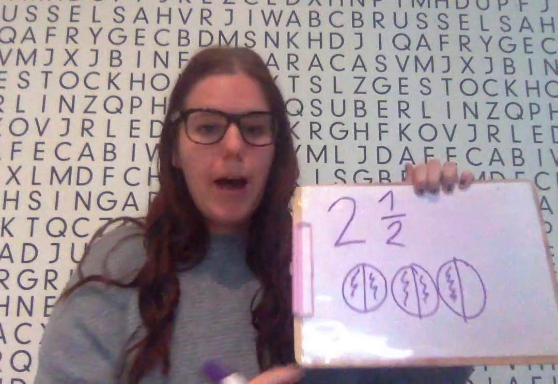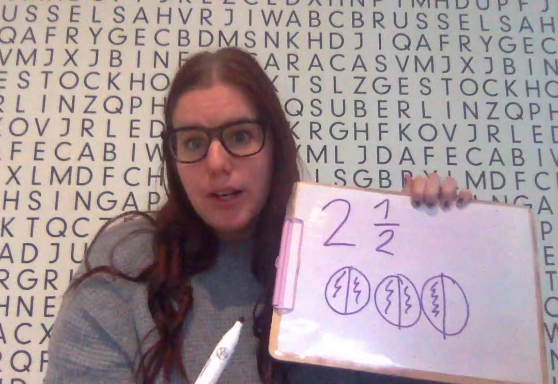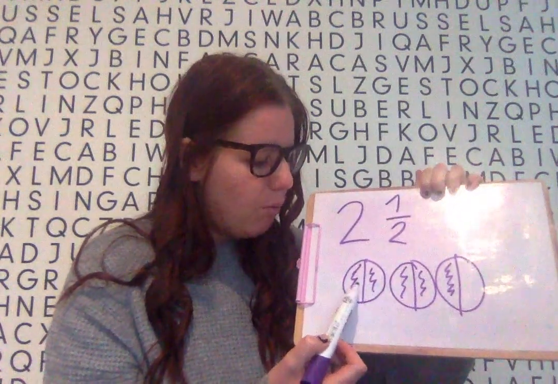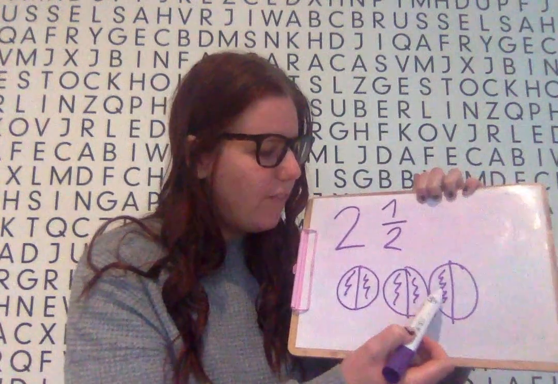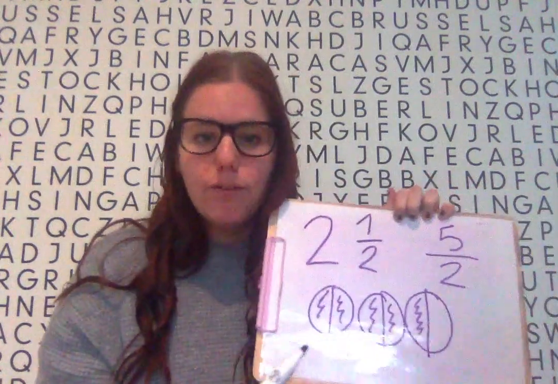So I have one whole, two wholes, and my half. Now I can count up the pieces: 1, 2, 3, 4, 5. So I know I have 5 halves.